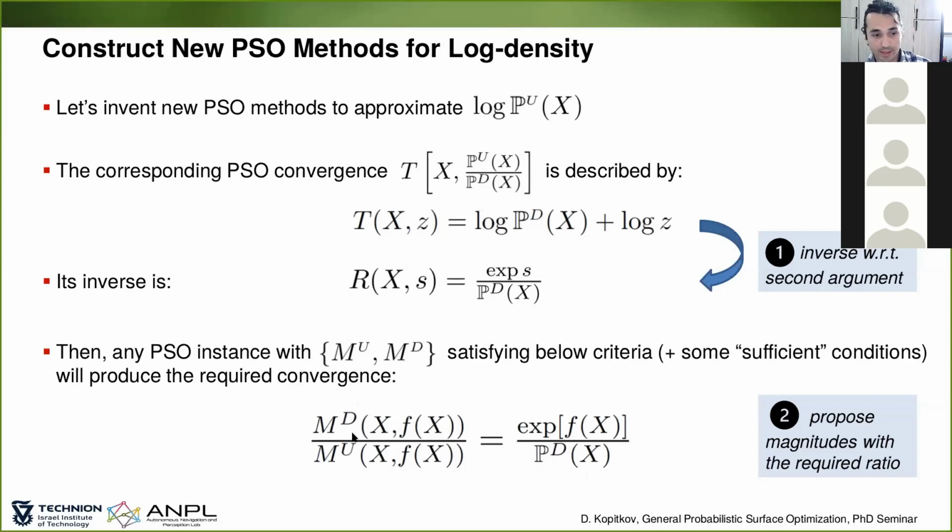For example, we can take md equal to xf or mu equal to pd, and it will produce such equilibrium, but there are actually many more choices, because if we multiply both magnitudes by some factor, it will cancel out. So we basically have infinitely many different magnitude functions that can be applied here.